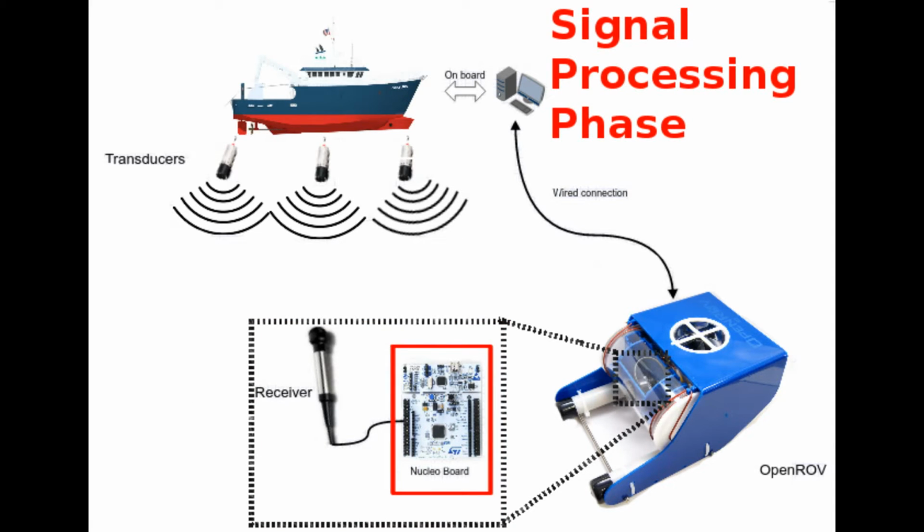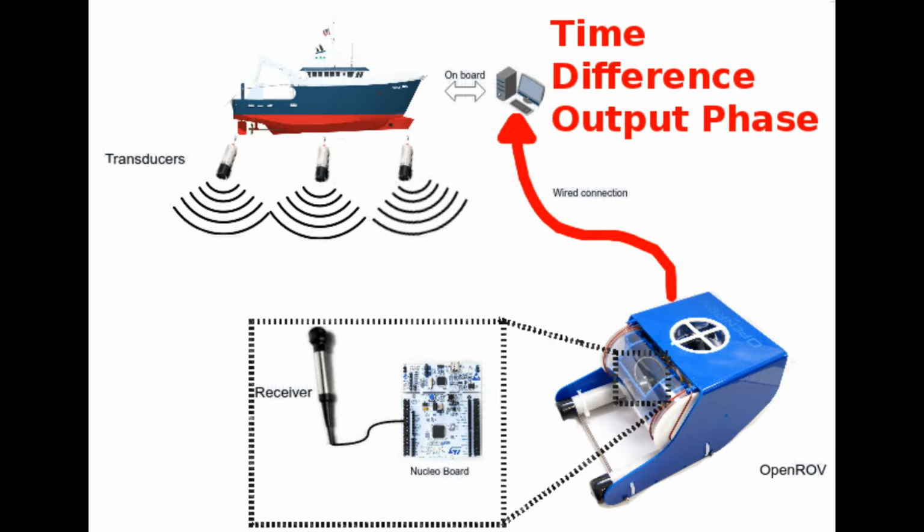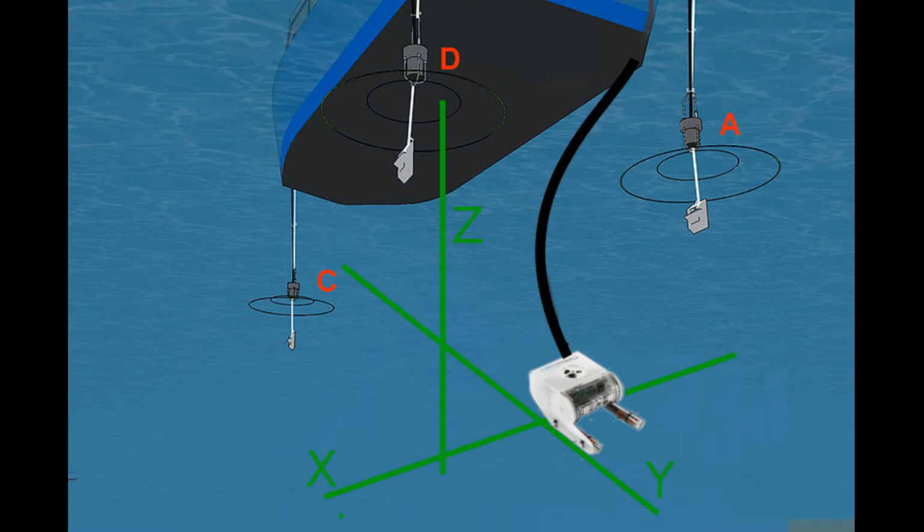Then, the onboard Nucleo will process these signals and calculate the difference in time at which each signal arrived. Lastly, this time difference data is transmitted to a computer on board the surface vessel, where the TDOA algorithm is run to accurately determine the 3D location of the ROV with respect to the pilot.